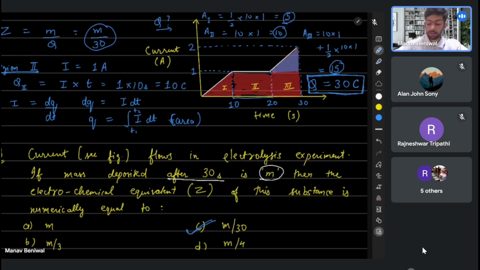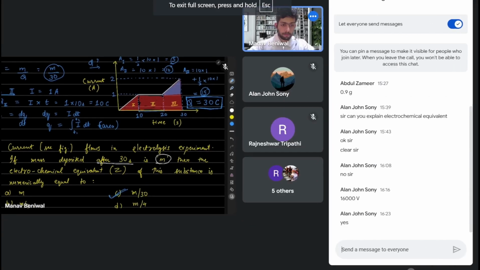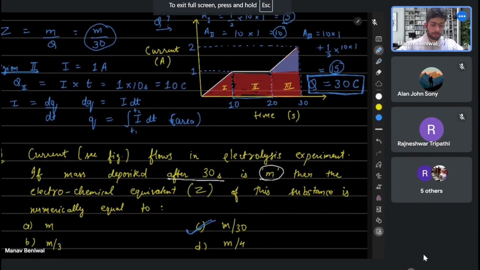Any doubts in this one? Anyone? Okay. Is this clear, how we calculate charge from a current versus time plot?